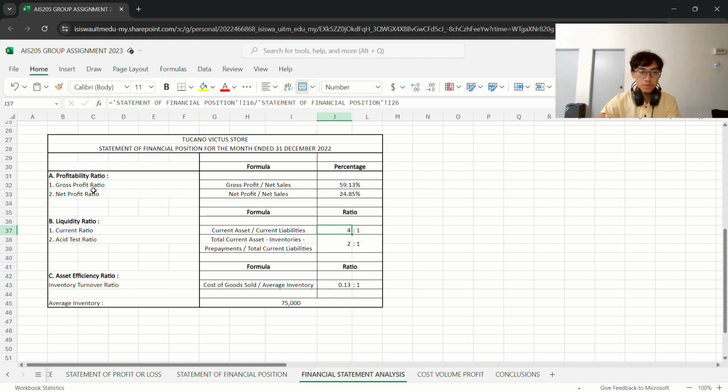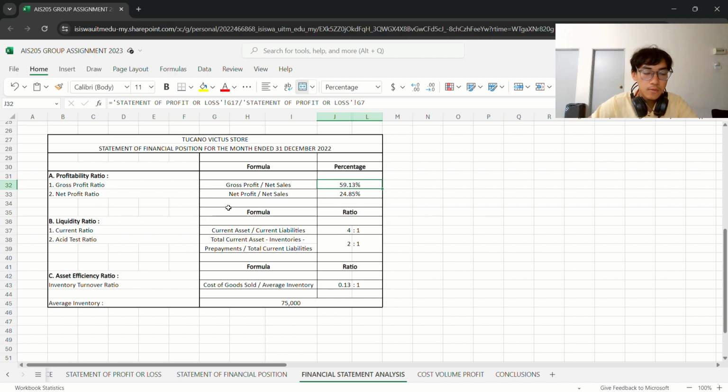So under the profitability ratio, we got gross profit ratio. The formula for the gross profit ratio is gross profit divided by net sales. We calculate that and then we'll get the answer, which is 59.13%.